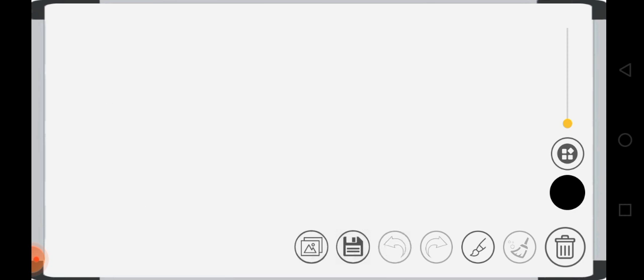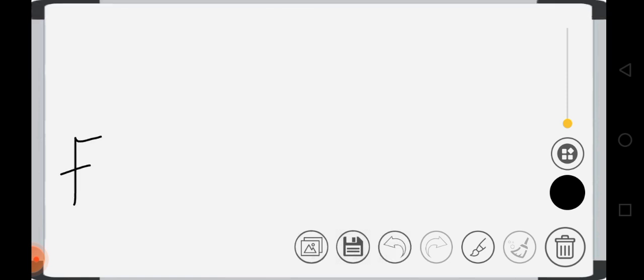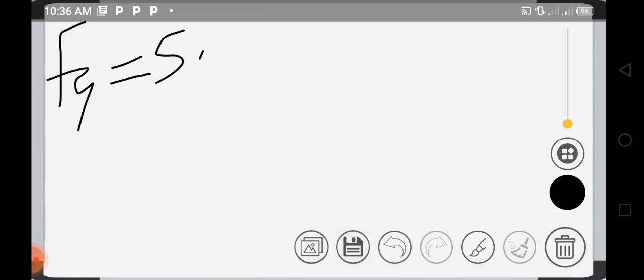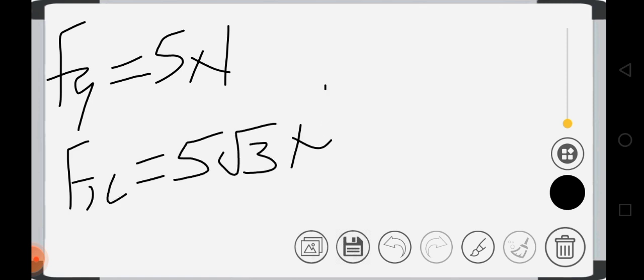So the y component of that question is 5 newtons, and the s component is 5√3 newtons, or 8.66 newtons. So that's how we get the answer to that particular question.